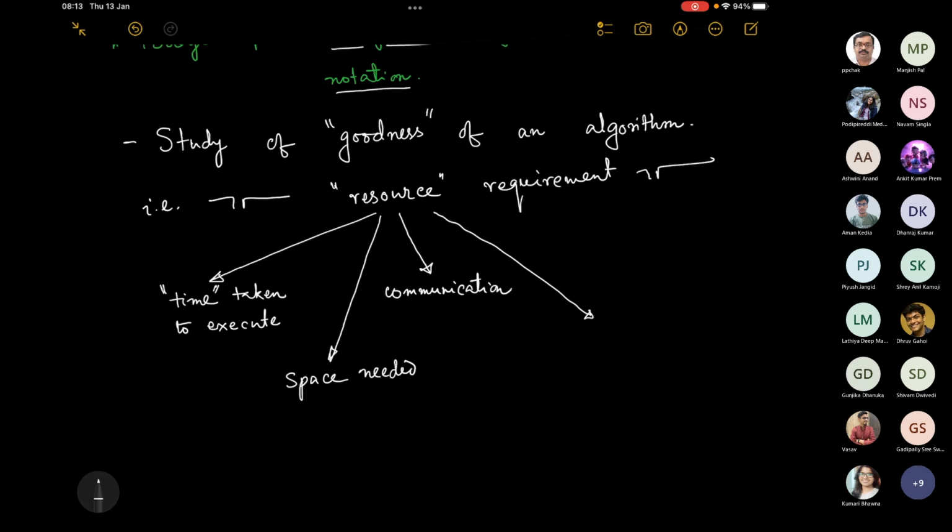To do the same job, if some algorithm consumes more wattage of power and another algorithm takes less power, depending on the application, say mobile phone, say RFID device, say a device on satellites, they have limited power, and optimizing power requirement is one of the design goals there. So power.